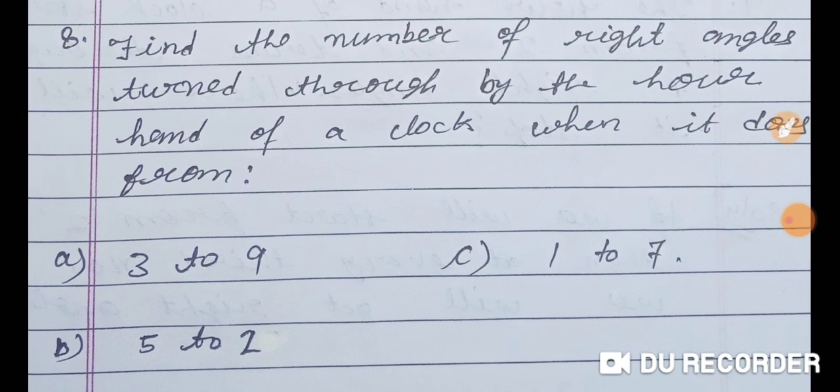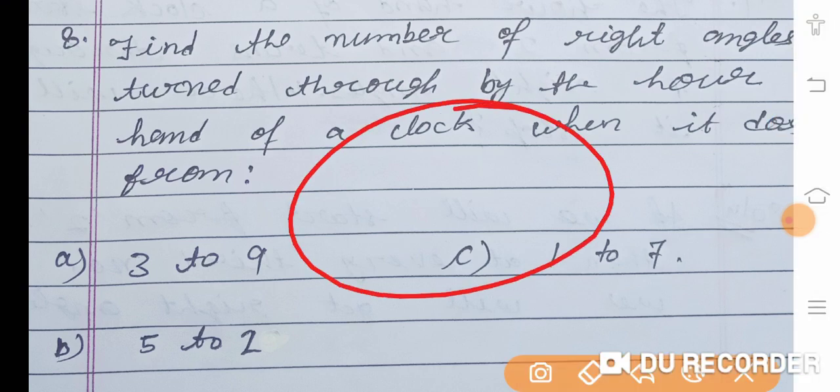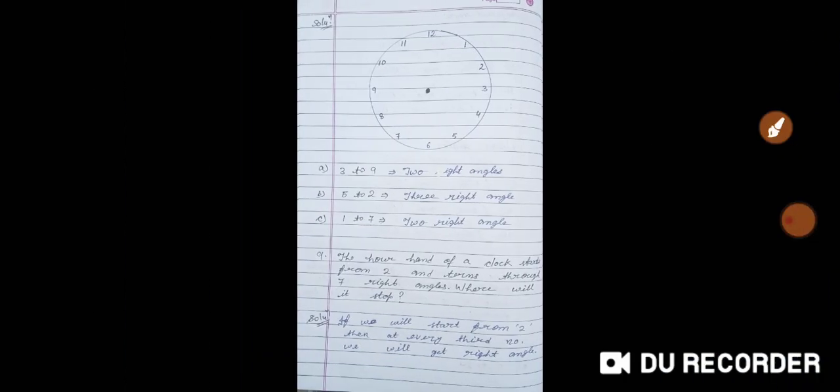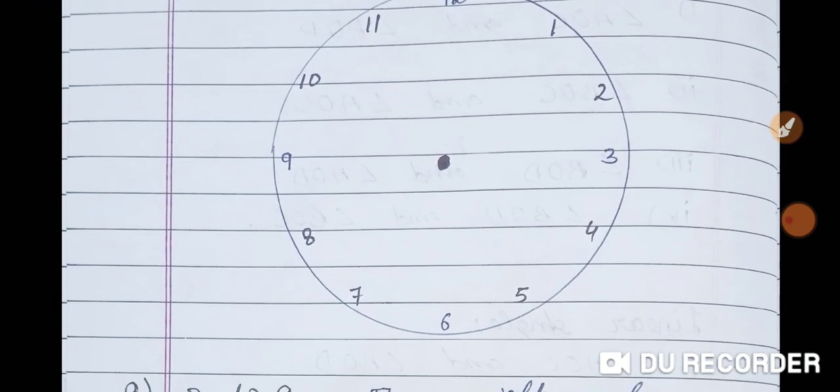Once again I am telling, find the number of right angles turned through by the hour hand of a clock when it goes from, means you have to turn. Suppose this is the clock, okay, and how much right angle will form when you will turn from this given number. So for that, my dear, I have prepared a clock for you. Please see this one. After that, try to solve the question.